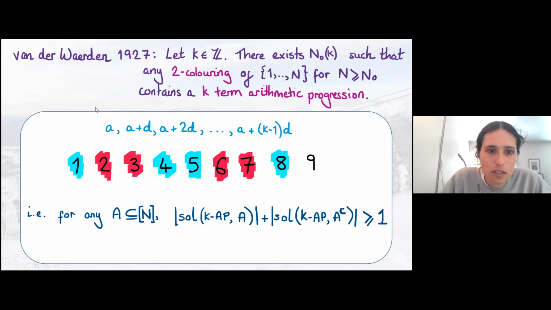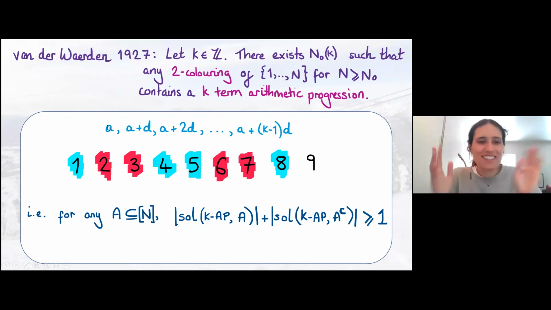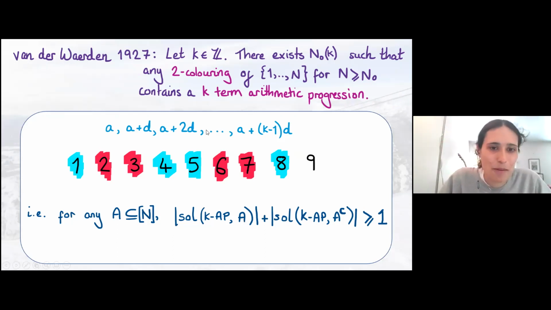Well, right before we had this 3-term arithmetic progression, a, a plus d, a plus 2d, and a k-term one is just a longer one. Here is a little example of one coloring of 1 up to 9, but you can see that however you color this, you're either going to get a blue progression or a red progression.